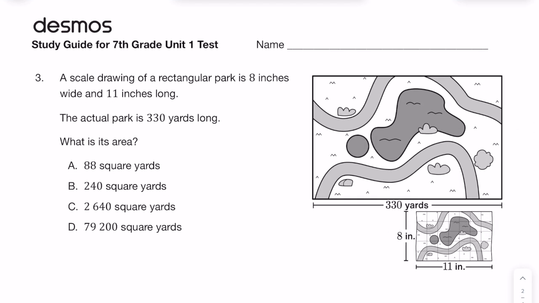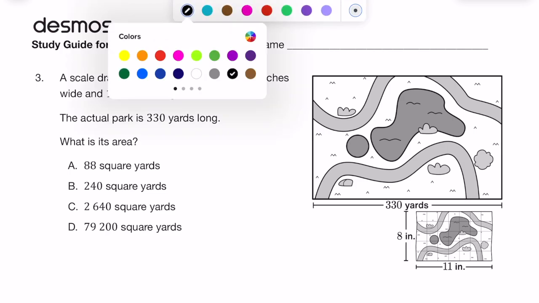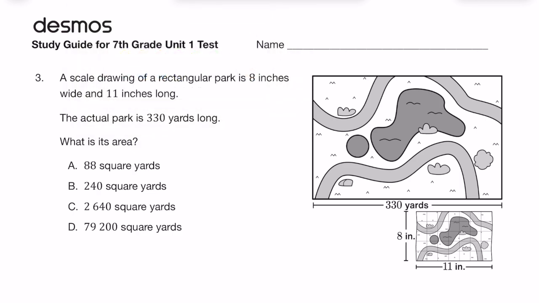Okay, question 3. A scale drawing of a rectangular park is 8 inches wide and 11 inches long. The actual park is 330 yards long. What is its area? All right, so here we have the scale drawing, and then we have the real actual park. Okay, and we need to find the scale and then use that to eventually find the area.